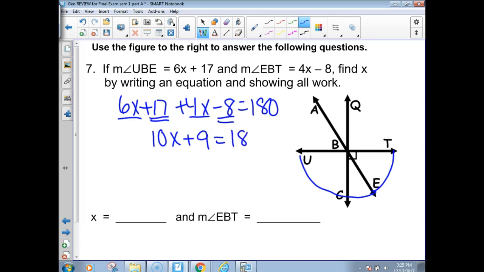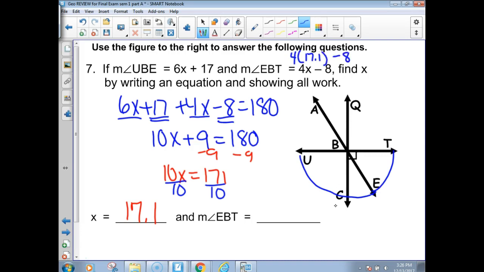And we're going to get a decimal on this one. So we subtract 9 from both sides, and when we divide by 10, we get 17.1. Then substituting back in 17.1 to find EBT would be 14 times 17.1 minus 8. 239.4 minus 8 would be 231.4.